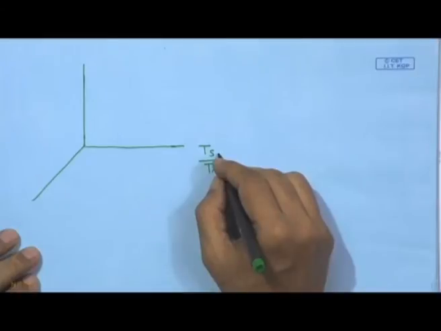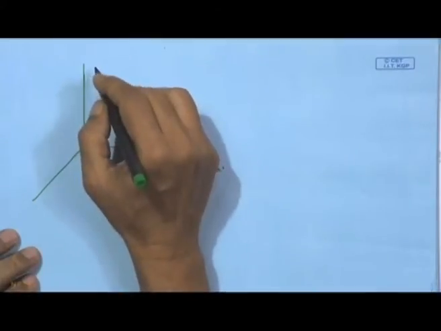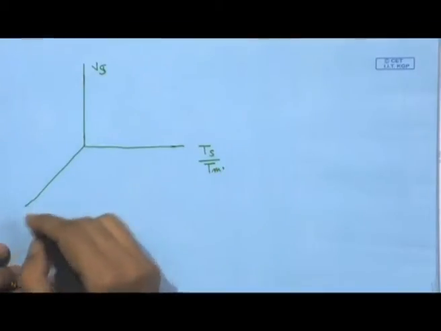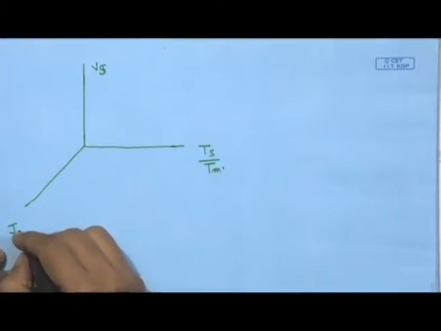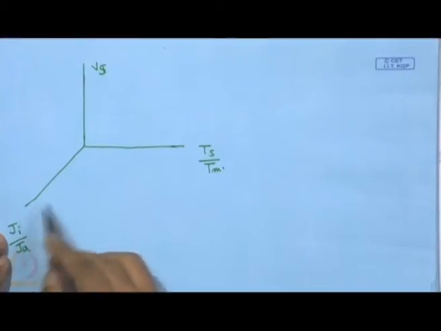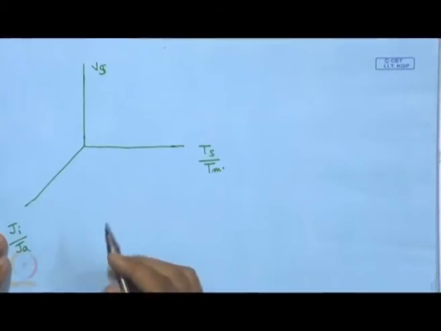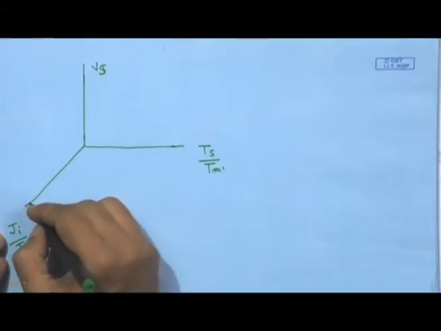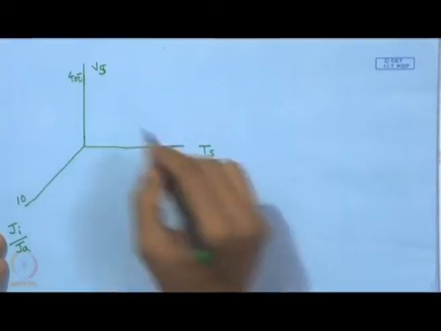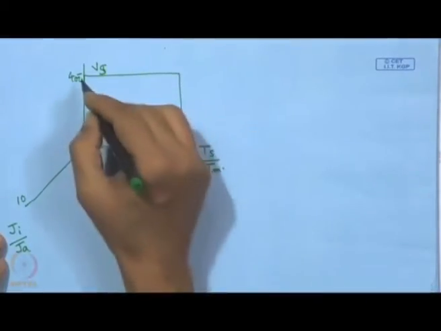This side is the bias voltage of the substrate, and this side, a very important thing, is Ji by Ja, that means the influx of ions by the influx of atoms arriving at the target surface. Maybe this is around 10, 400 and this is 1.